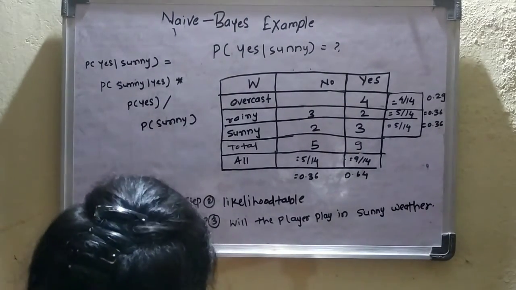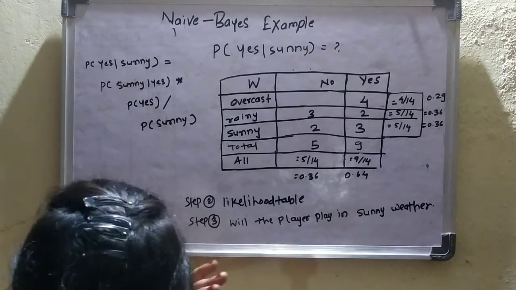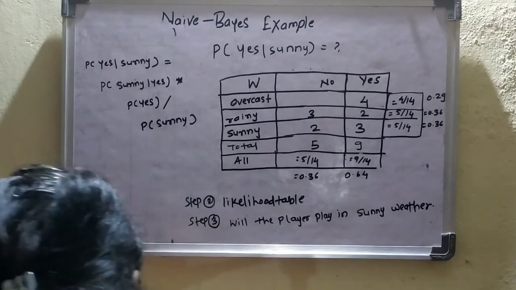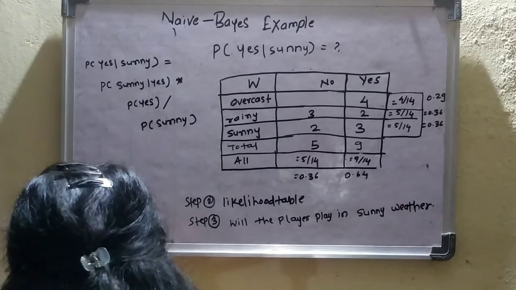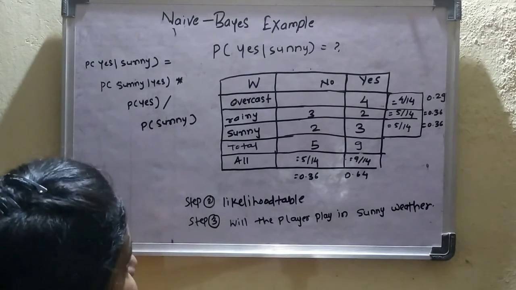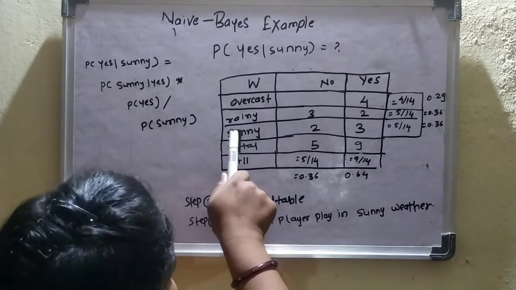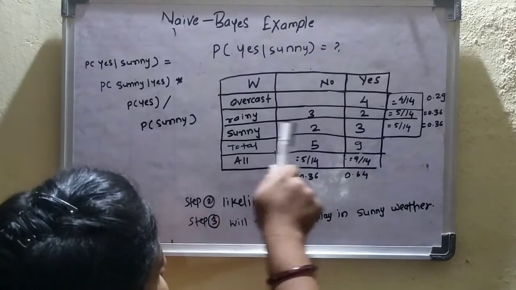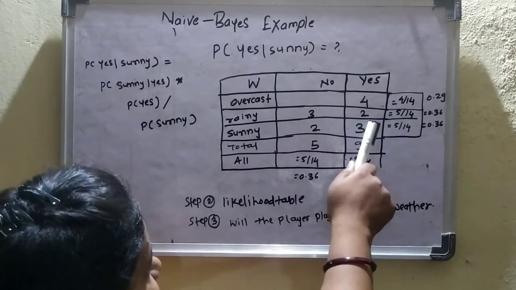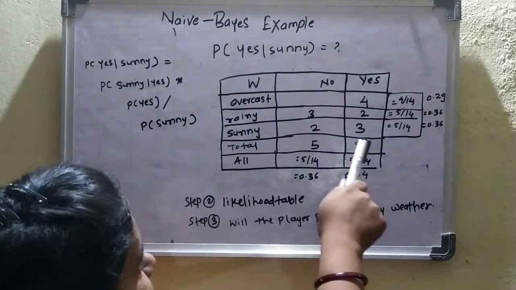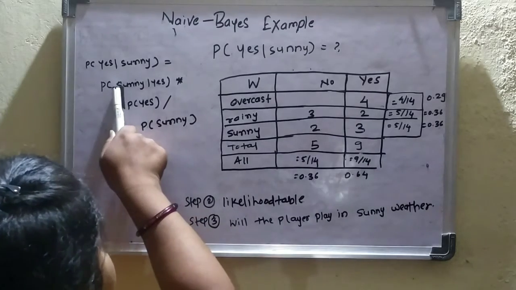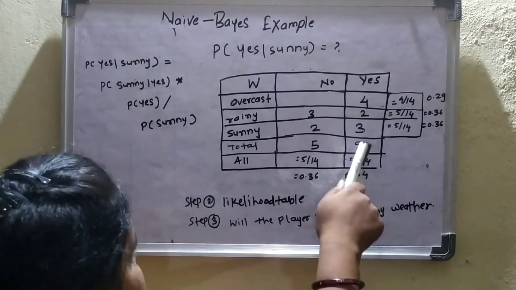Now we have all of these probabilities listed here because we have done the calculation previously. How do we know that? In the Sunny column we have 3 times yes. Out of 9 yes entries there are 3 times Sunny. So the probability of Sunny given yes is 3 by 9.